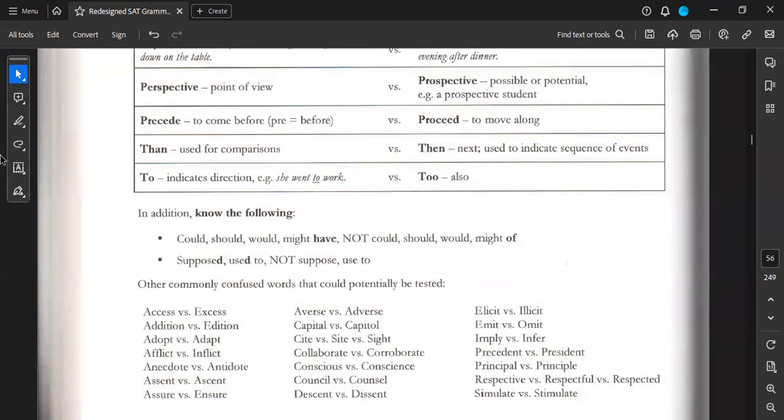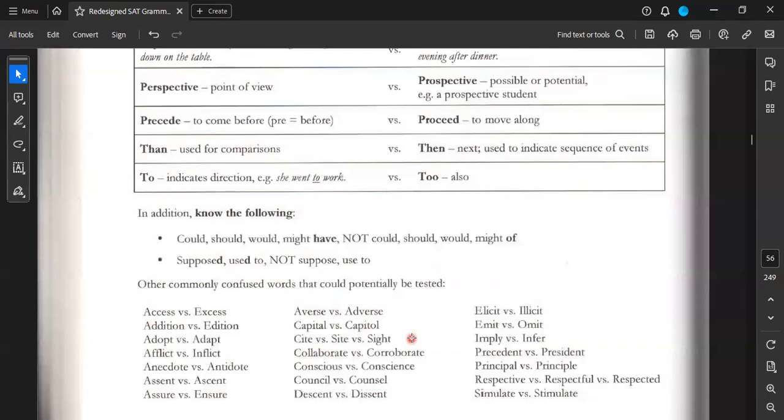And then we have some other commonly confused words here that could potentially be tested, right? Like to access something, or you have the excess of something, right? Access and excess, addition and edition, right? You have adopt and adapt, right? You have afflict and inflict, anecdote and antidote, assent and ascent, assure and insure, averse and adverse, capital and capitol.